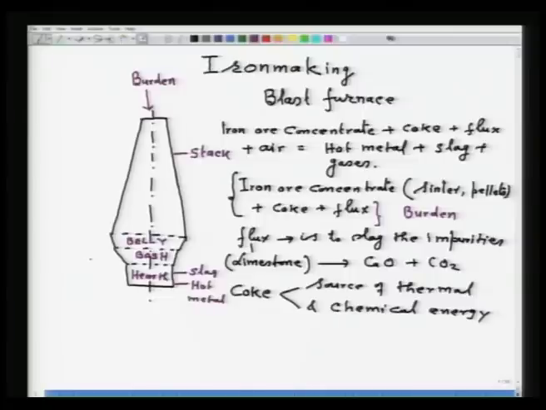So, the hot blast air is introduced through the tuyeres, which are located at the periphery of the blast furnace.